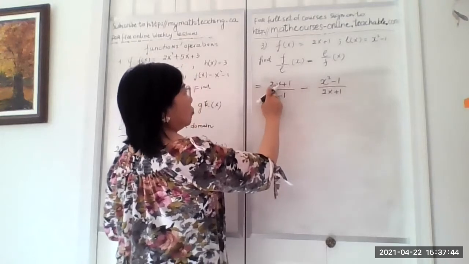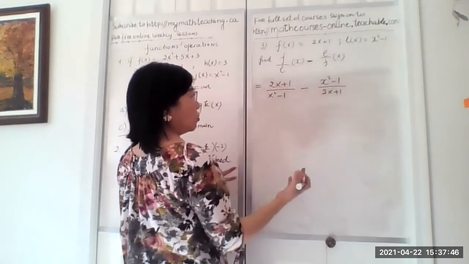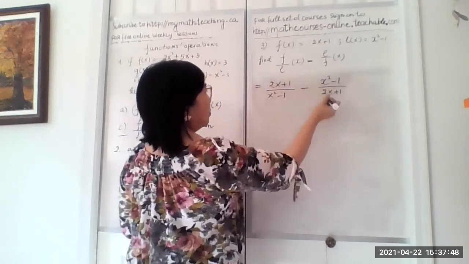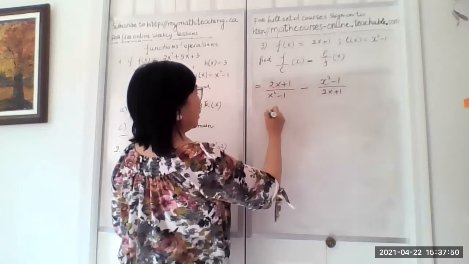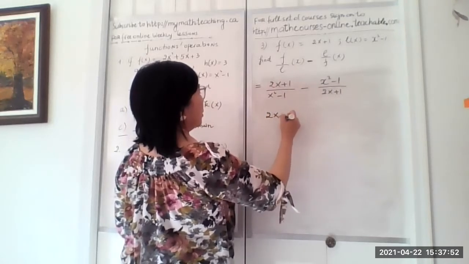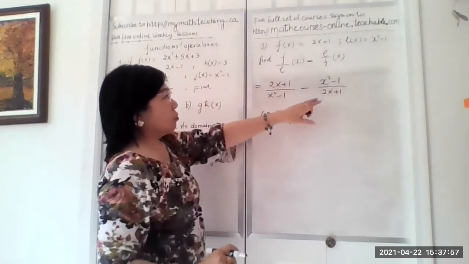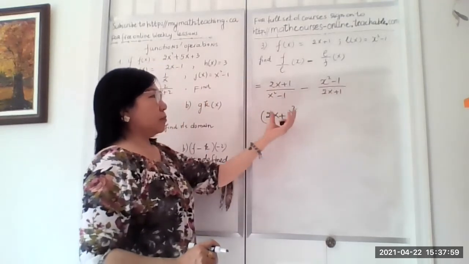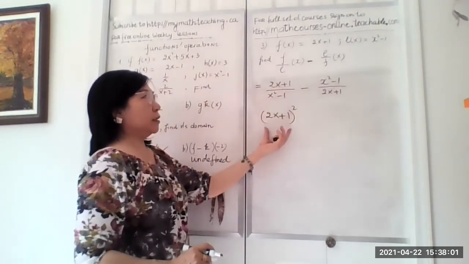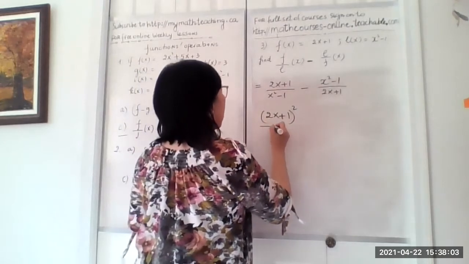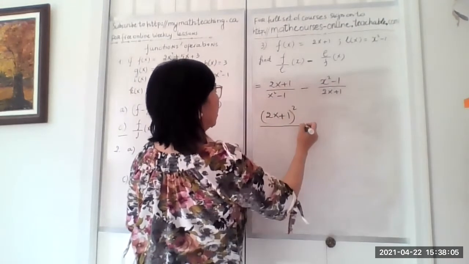Now, fortunately, 2x plus 1 is the same as 2x plus 1. So to multiply them, instead of expanding, I'm just going to join it like this to make it easy, because 2x plus 1 times 2x plus 1 is the power 2 of this bracket. So that's the left function.